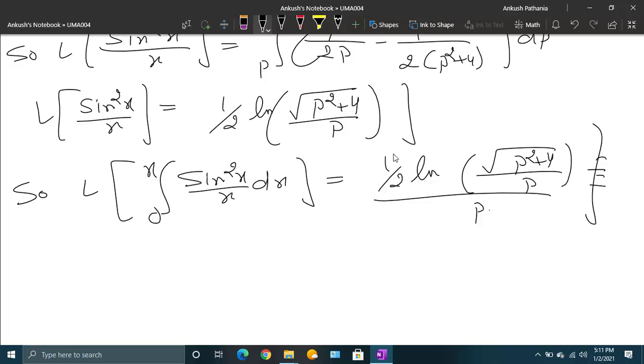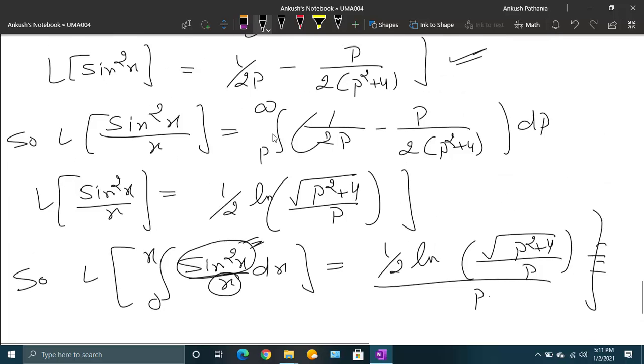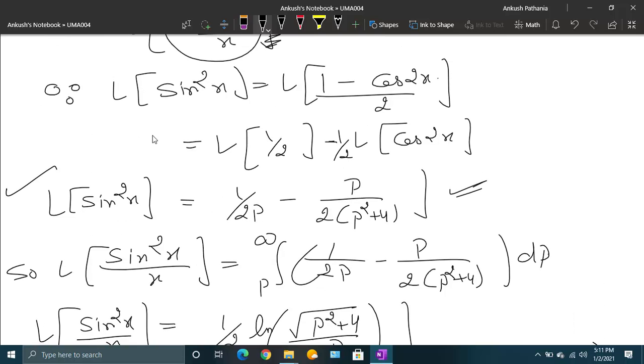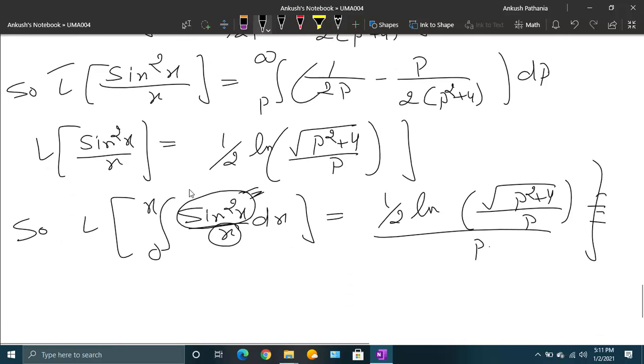So how we started: we first find the Laplace of sine square x, then we find the Laplace of sine square x upon x, and then by property number 3 and property number 5, the Laplace of the integral from 0 to x.